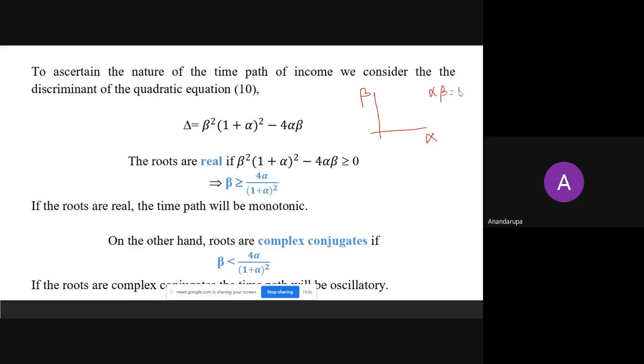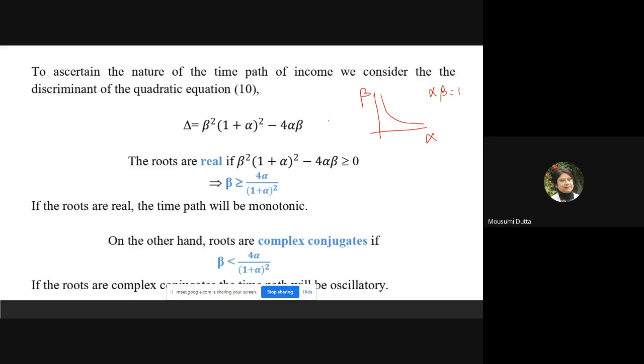A rectangular hyperbola. Okay, this kind of curve I'll draw. I'll show you the diagram, I'm just discussing the matter. In the alpha beta plane, alpha beta is equal to 1 will be given by a rectangular hyperbola.